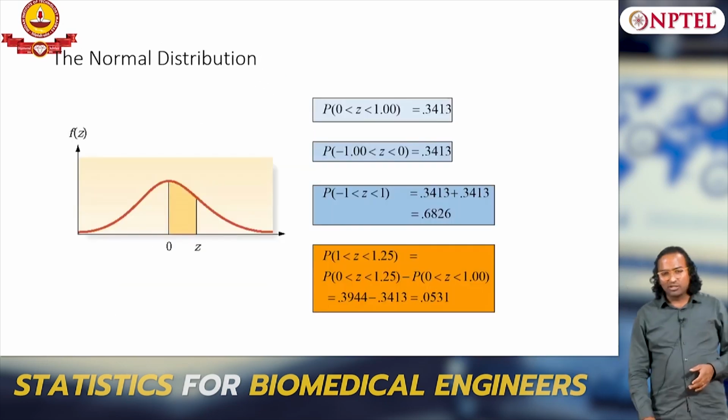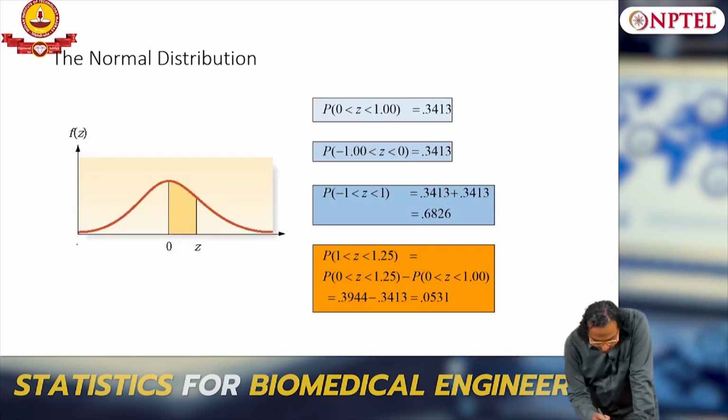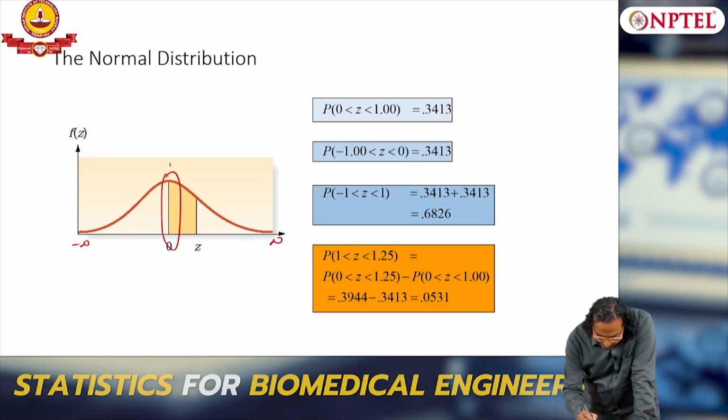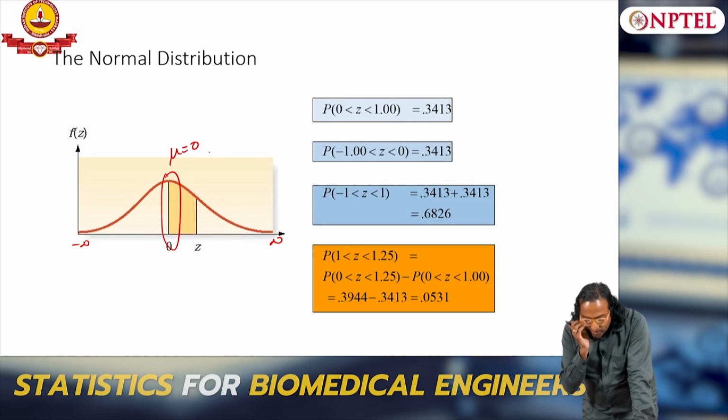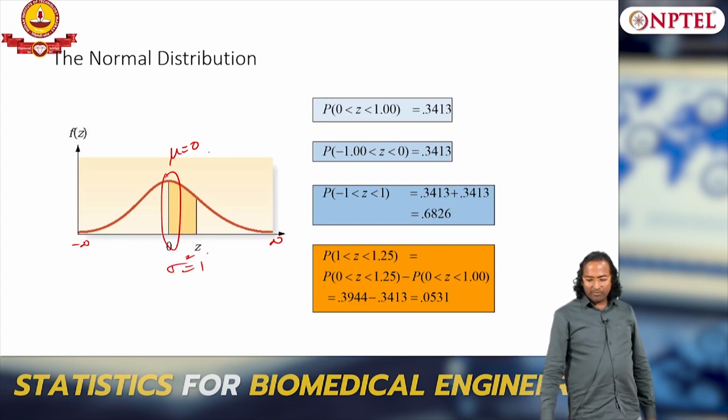The normal distribution is typically like this, going all the way from minus infinity to plus infinity, and the standard normal has its center point at mu equals 0. The standard deviation sigma equals 1.